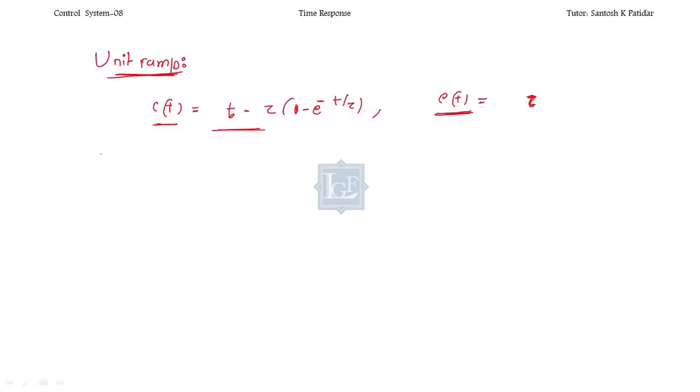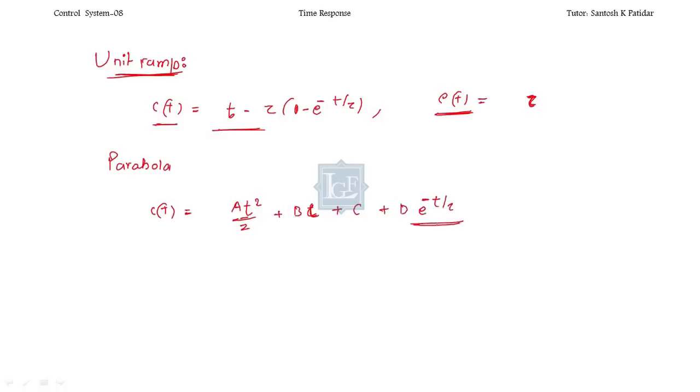And if you find the same thing for the parabola, the output c(t) you will get is at square by 2 plus bt plus c plus d e to the power minus t by tau.